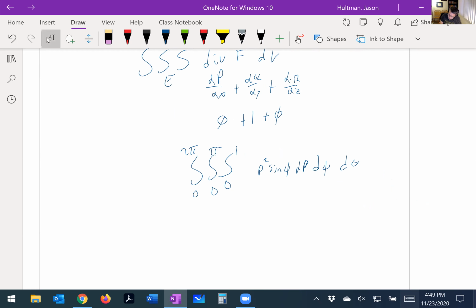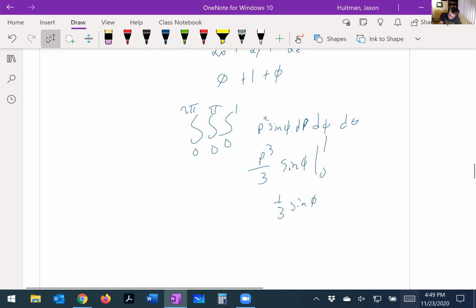So what does this become? We'll integrate on rho. That's just rho cubed over 3, times sine phi. From 0 to 1, that's 1/3 sine phi. Then let's integrate with respect to phi. So this is negative 1/3 cosine phi from 0 to pi.